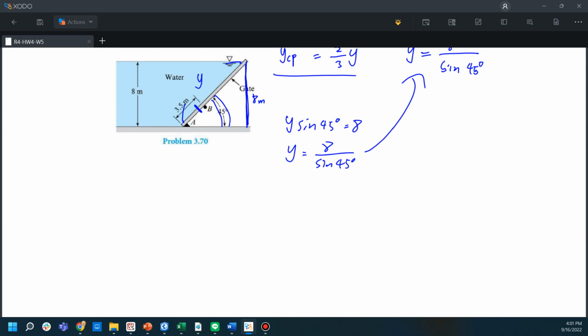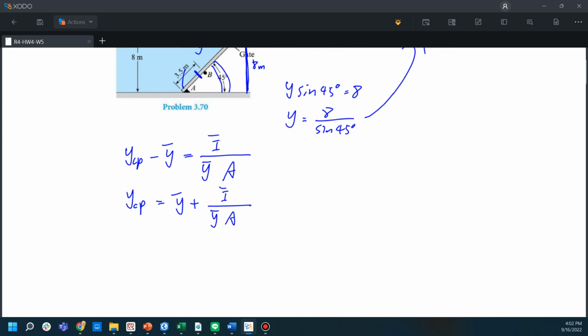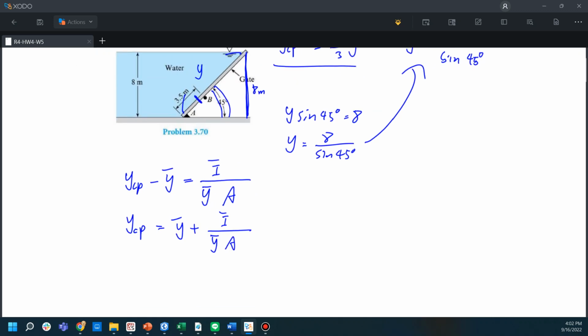The equation provided by the textbook is YCP minus Y bar equals I bar divided by Y bar times A. So YCP is equal to Y bar plus I bar divided by Y bar A.